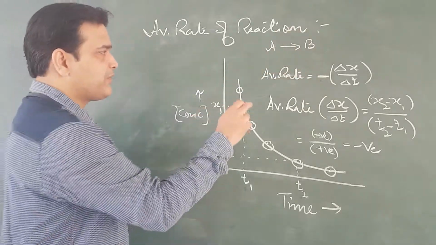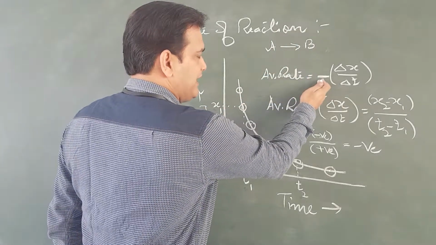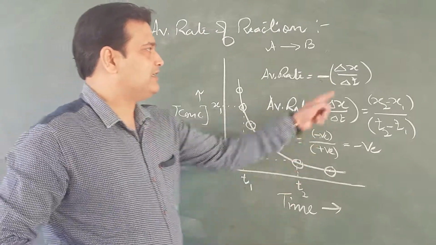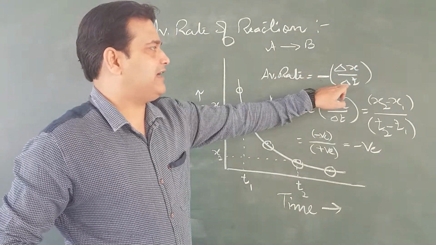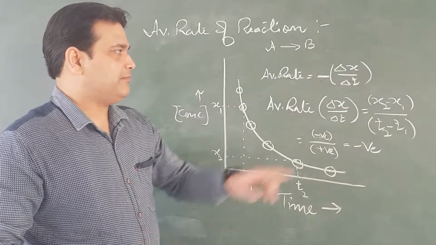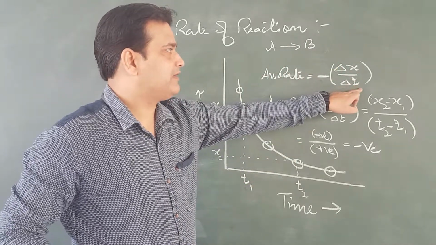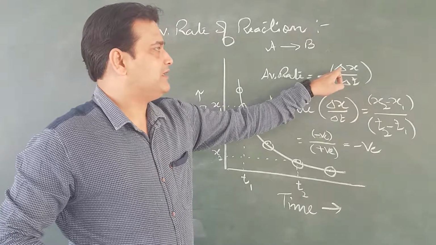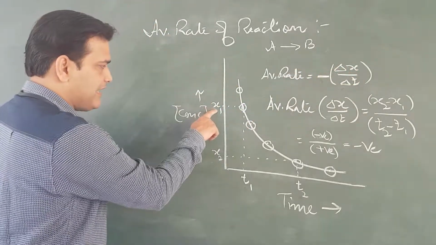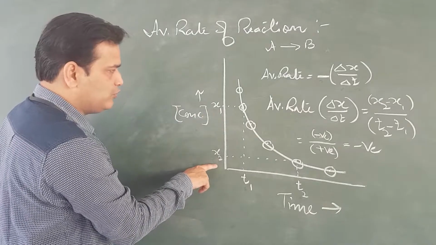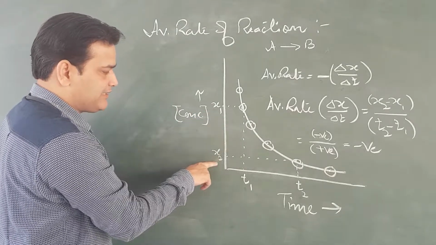And what is the cause of putting the negative sign? Because this delta x is negative and delta t is positive. With the passage of time, the change in concentration is negative. From x1 to x2, this is higher and this is lower.